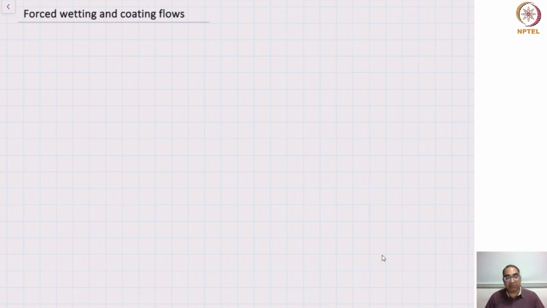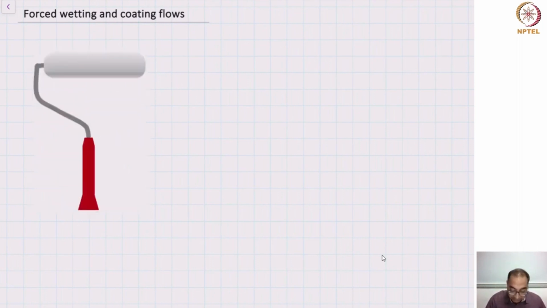One of the common examples where we would see forced wetting is a painter using a paintbrush. In this process, the painter takes the paintbrush and dips it into a bath of paint, and when you pull it out, paint gets coated onto the brush.